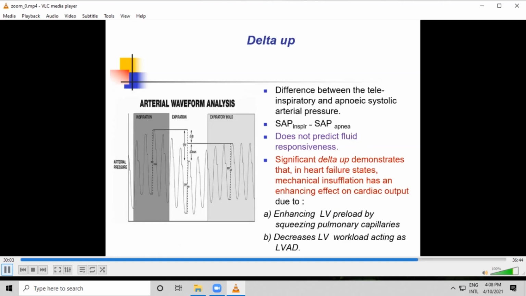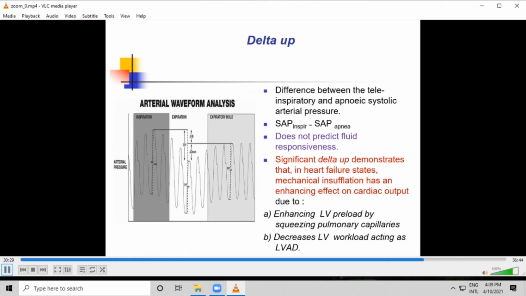Delta up is not the best predictor of fluid responsiveness. Significant delta up demonstrates that in heart failure states, mechanical insufflation has an enhancing effect on cardiac output. Remember when I had mentioned that mechanical inflation can function as an LVAD in heart failure states.